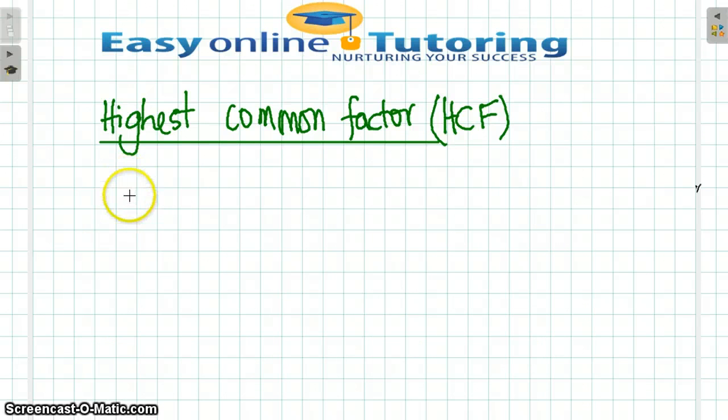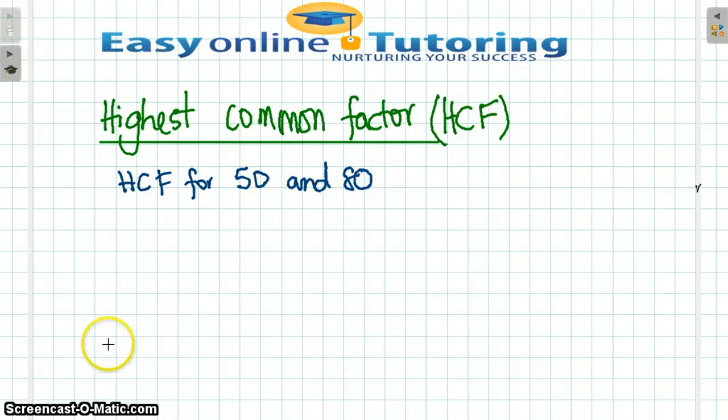Another example we have is to find the highest common factor, the HCF, for 50 and 80. So we use a similar method that we used previously.